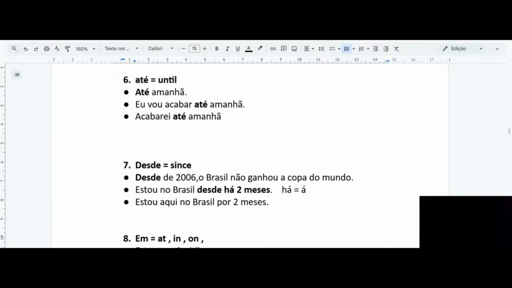So, estou no Brasil desde há 2 meses. Someone asking, what does it mean? It's a verb, and that verb we call haver. Who has heard of it before? Haver. Let me see if you've heard of it. Give me a thumbs up.